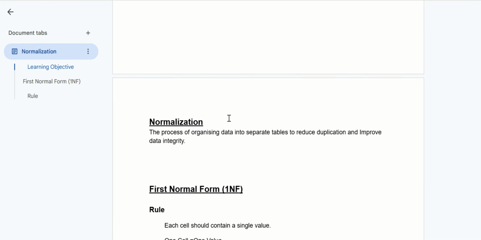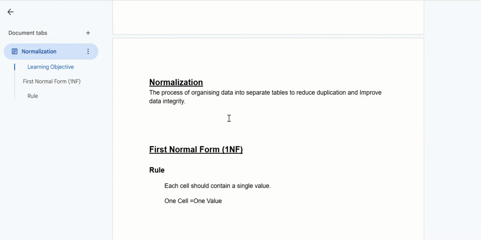So first of all, let's understand what normalization is. Normalization is the process of organizing data into separate tables to reduce duplication and improve data integrity. In general terms, you have a large table and you break this large table into smaller and smaller tables so that you can reduce data redundancy and improve data integrity.